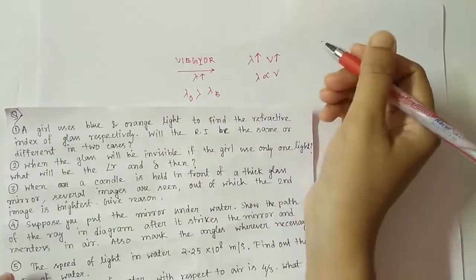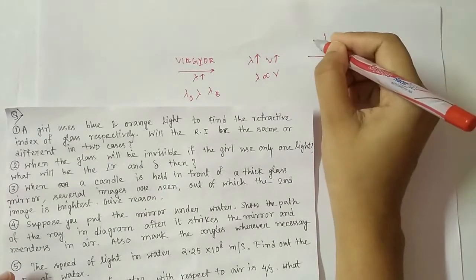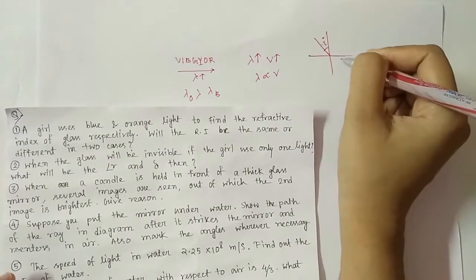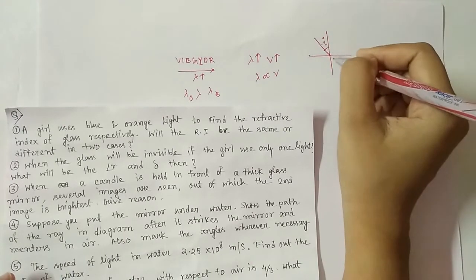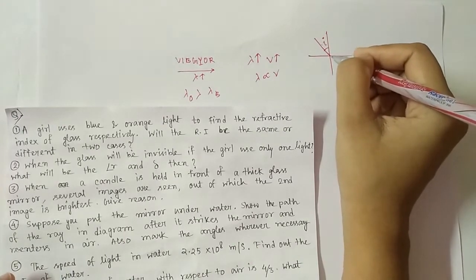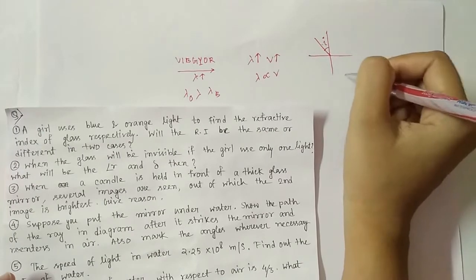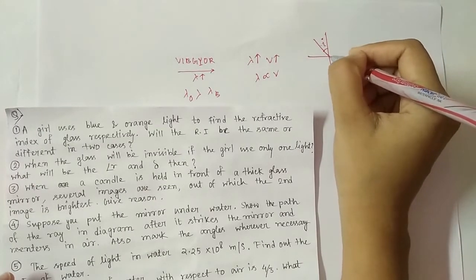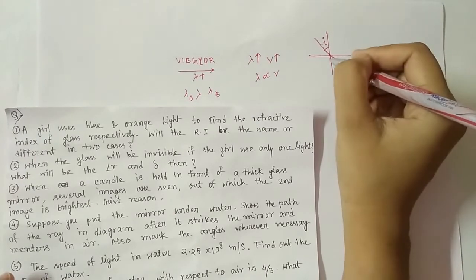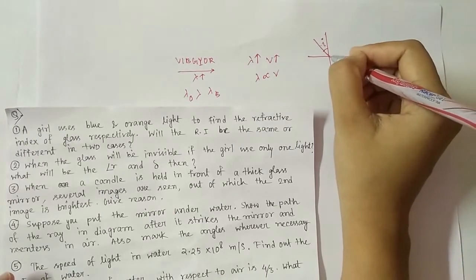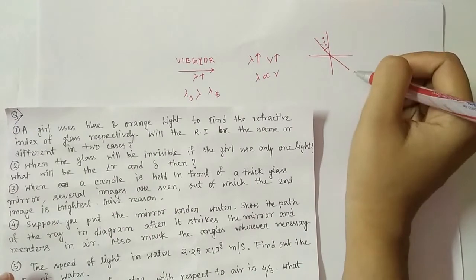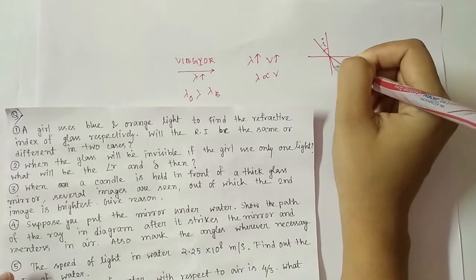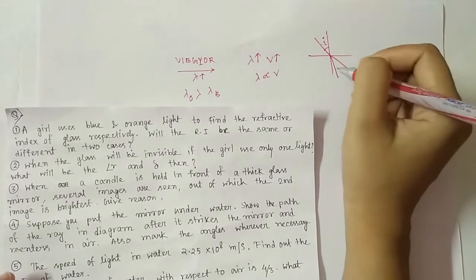And in refractive index I have told you that if light falls at angle I, the angle of incidence, and goes through the second medium, if the velocity increases, it will bend away from the normal, but if the velocity decreases from one medium to another, the refracted ray will bend towards the normal.